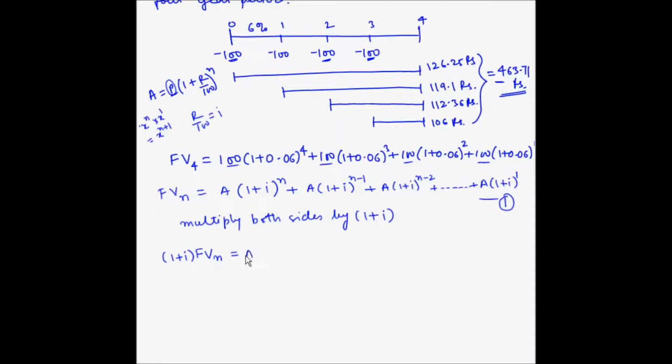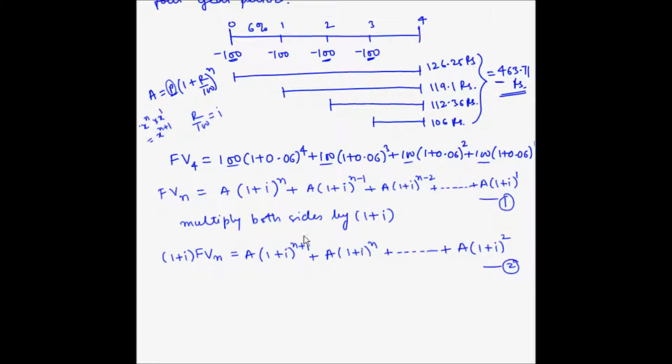So this will become A into 1 plus I to the power n plus 1 plus, now for the second term, n minus 1 plus 1. So minus 1 plus 1 gets cancelled, so n. So A into 1 plus I to the power n and so on, plus A into 1 plus I to the power 1 plus 1, which is 2. Let's say this is our second equation.